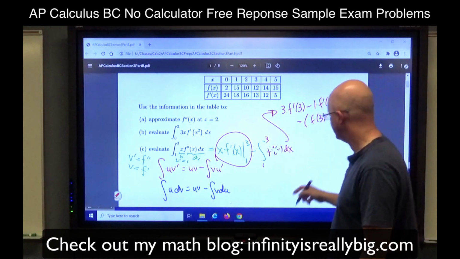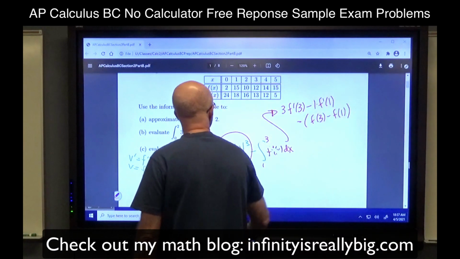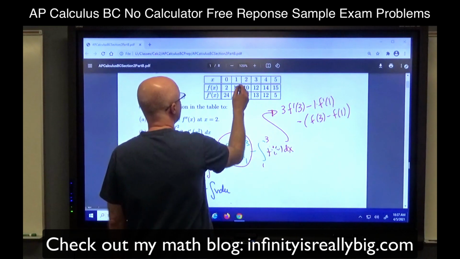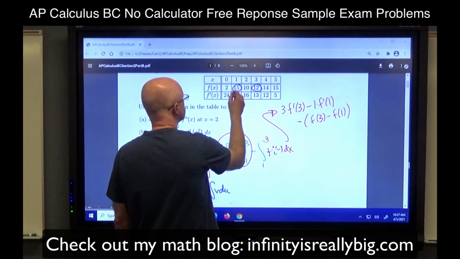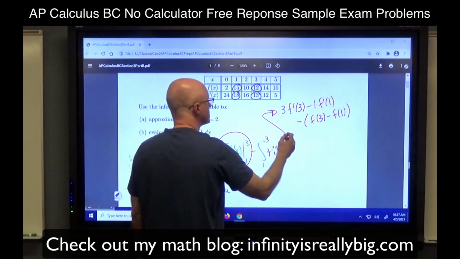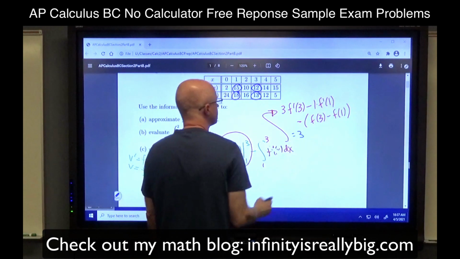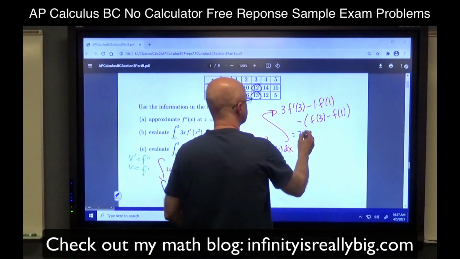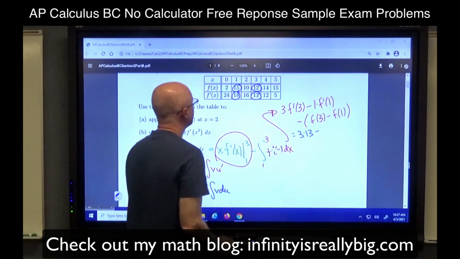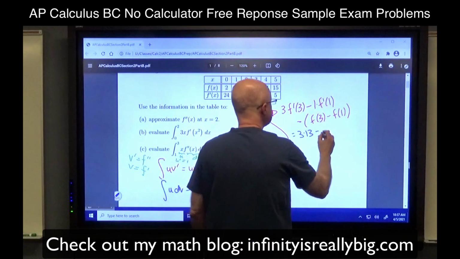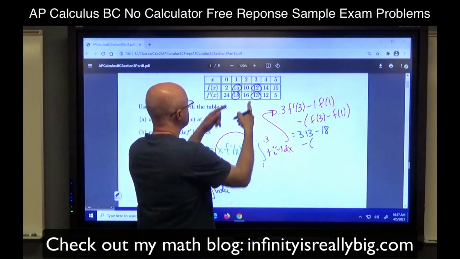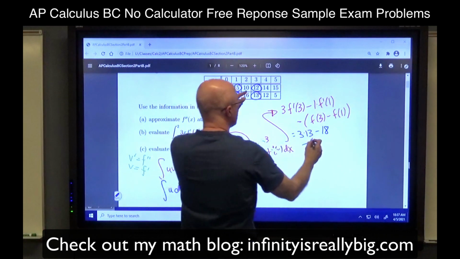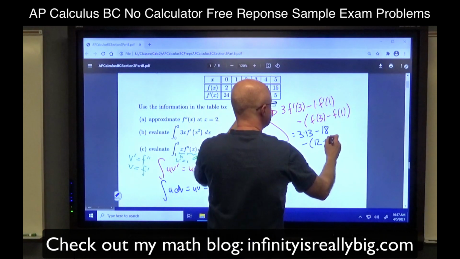Now plug the numbers in. What numbers? f of 3, f of 1, those two numbers, f prime of 3 and f prime of 1 as well. So it looks like we're going to get 3 times f prime of 3, which is 13, minus f prime of 1, which is 18, minus, you can distribute the minus sign through if you like, but I'll just do it like this, f of 3 is 12, f of 1 is 15.